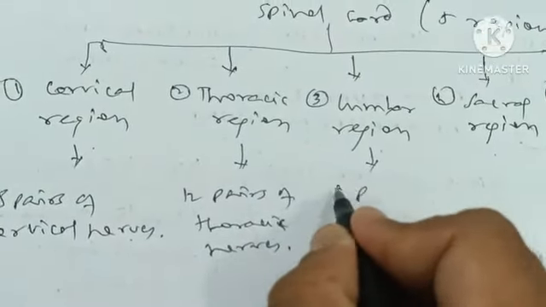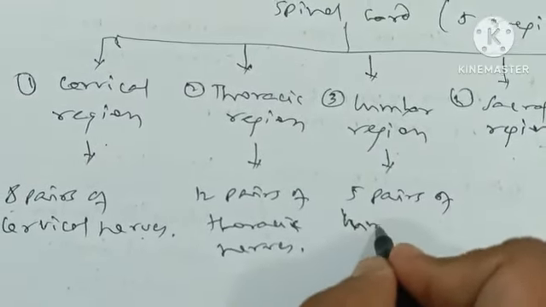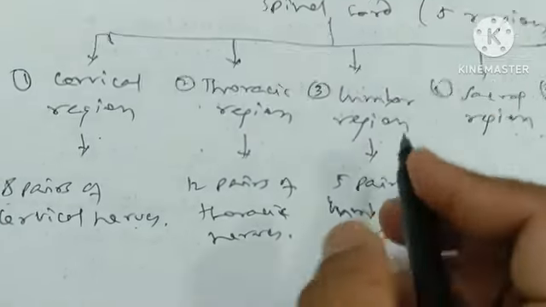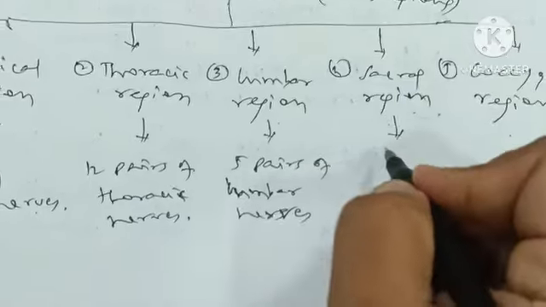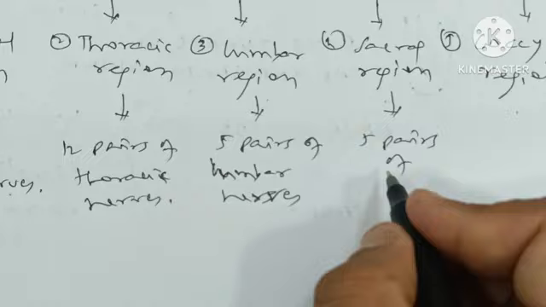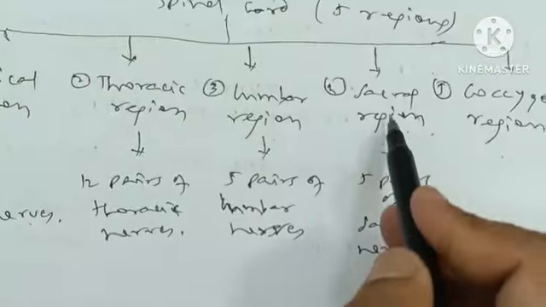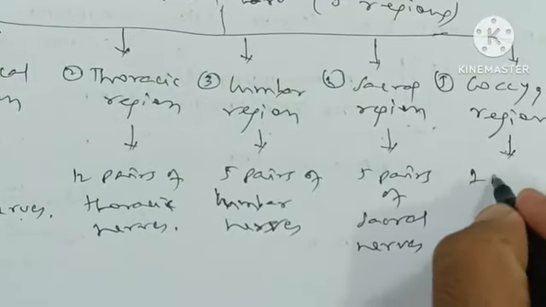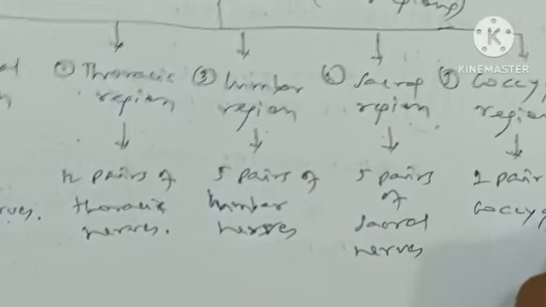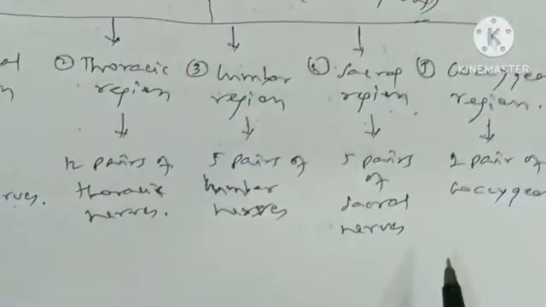We will see that 5 pairs of lumbar nerves arise from this lumbar region. Similarly, 5 pairs of sacral nerves arise from the sacral region, and only 1 pair of coccygeal nerve arises from this coccygeal region.